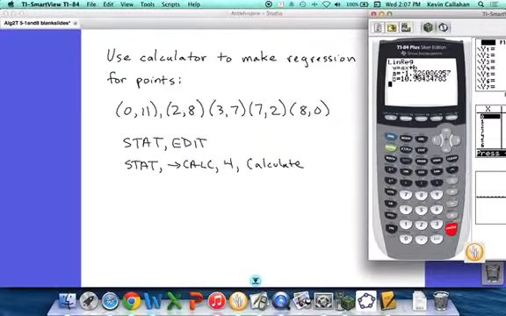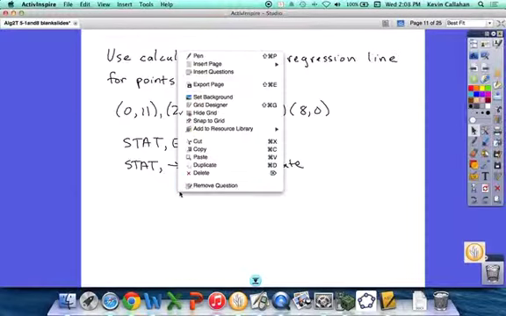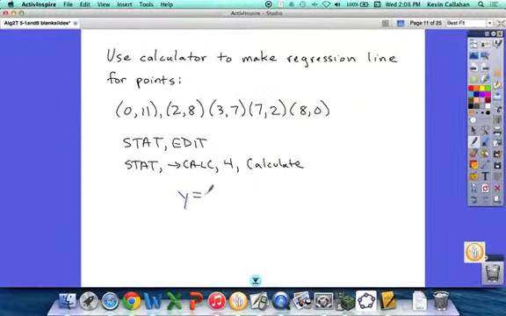Maybe this could be negative 1.33x plus 10.90. Okay, so that's how you make a best fit line. I rounded, did you hear what I just said? I said you probably don't want to keep all those decimal places, so I rounded.